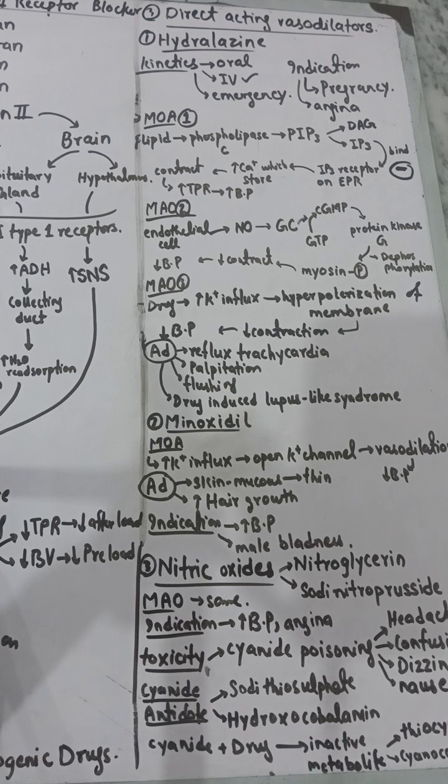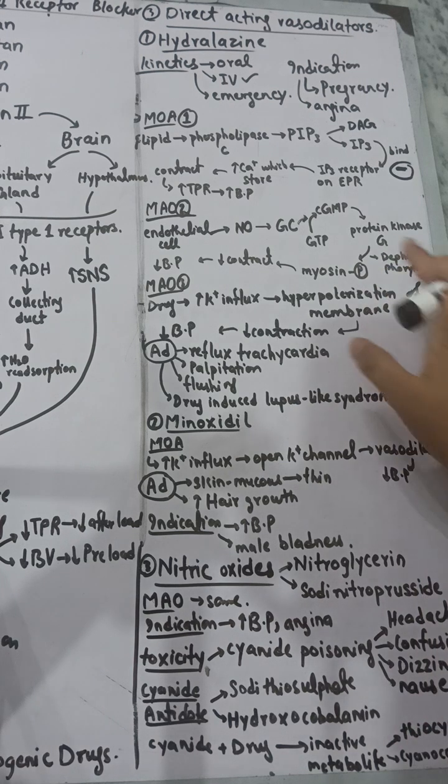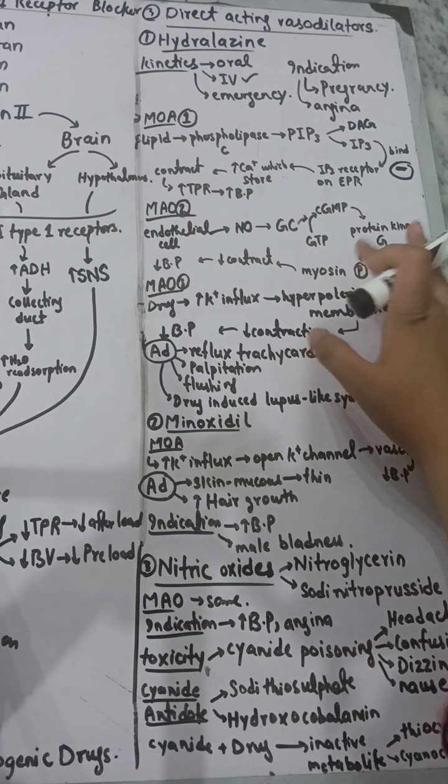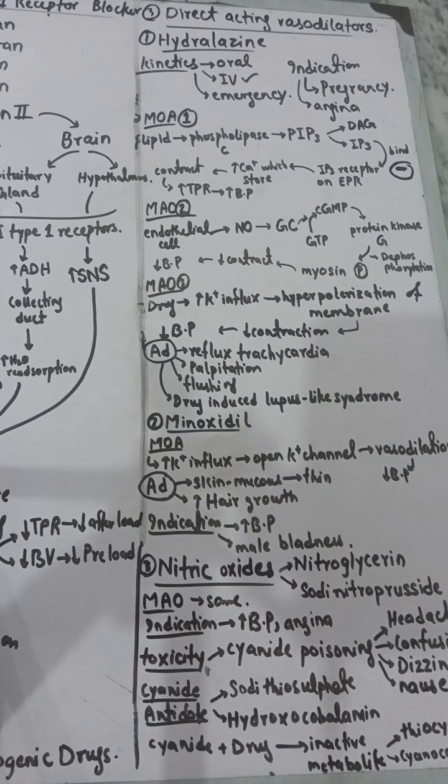Whenever there is phosphorylation of myosin, it attaches to the actin filament and causes contraction. But due to dephosphorylation, this phosphate group breaks the bond. Now your myosin cannot attach with the actin filament, contraction cannot happen, and the blood pressure will decrease.